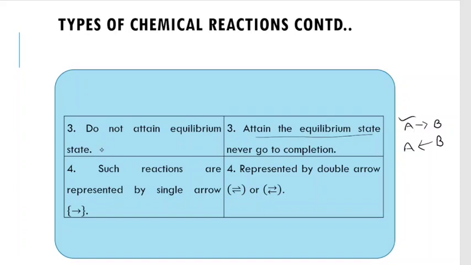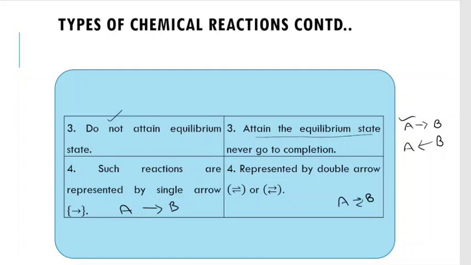Whereas an irreversible reaction proceeds to completion and does not attain equilibrium. Irreversible reactions are shown by a single arrow like this, whereas reversible reactions are shown with a double arrow mark like this, right?